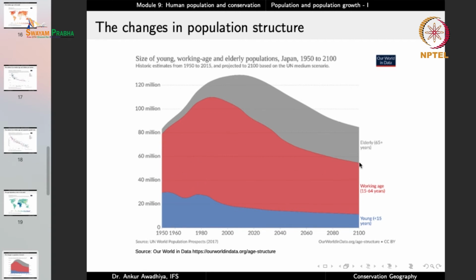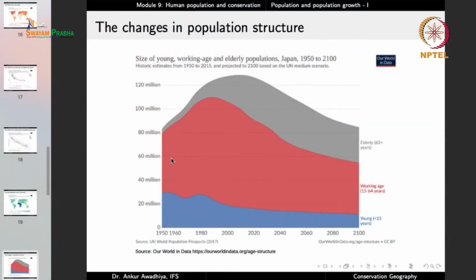But today, if we see, we have the working age population, that is 55 minus 15, is around 40 million people in the working age group. The elderly population was very minuscule in the 1950s, but it has been increasing with time. And today it is roughly 30 million people. So the population age characteristics change with time.